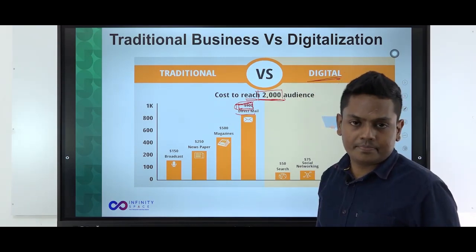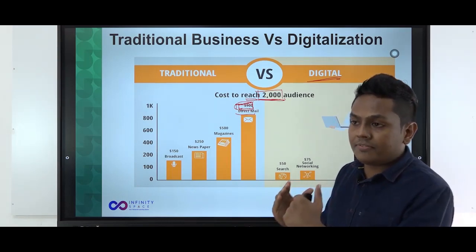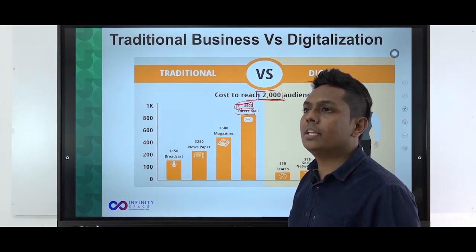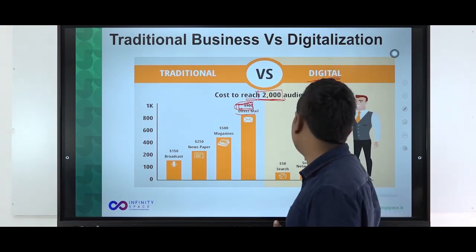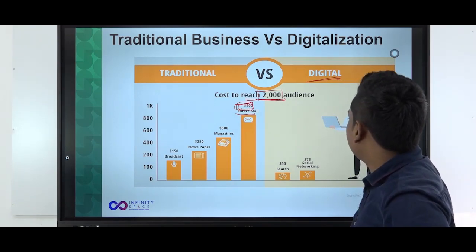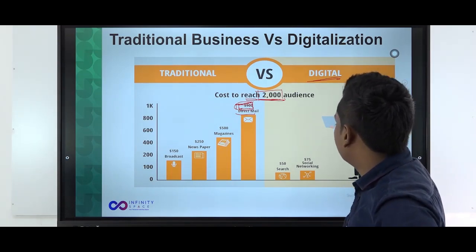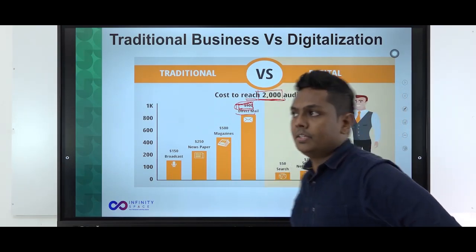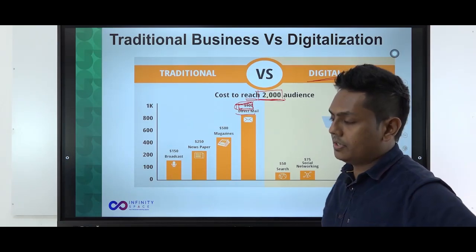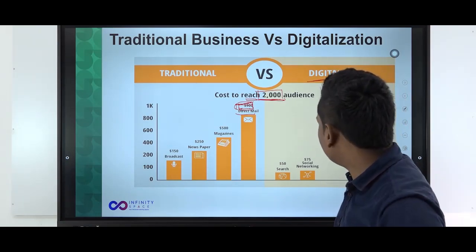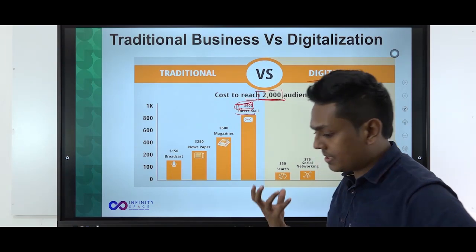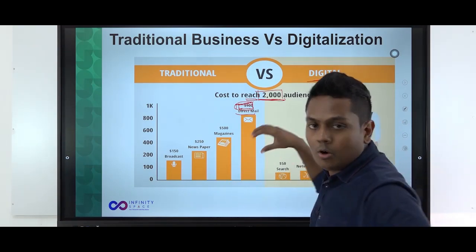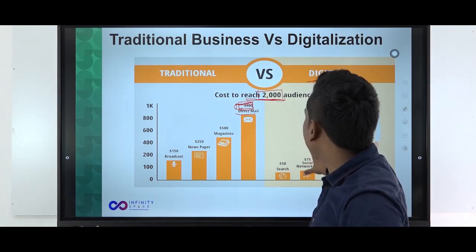You can specify what customers you are looking for. Let's say I want to sell some dresses for people in Colombo 7. You can select the geography, your target location, and also the customer you need to target, male or female. So there are so many options with very little cost.